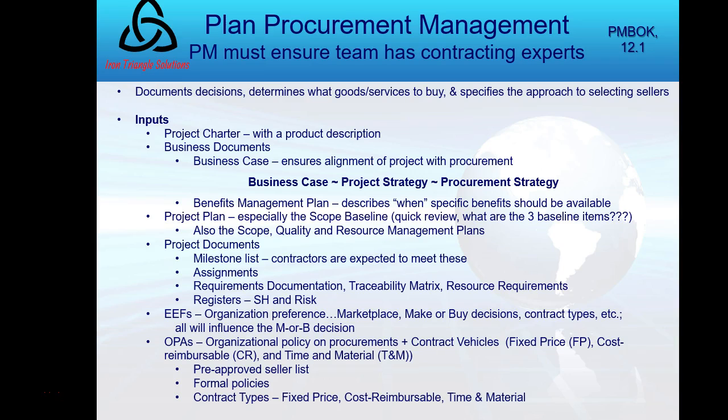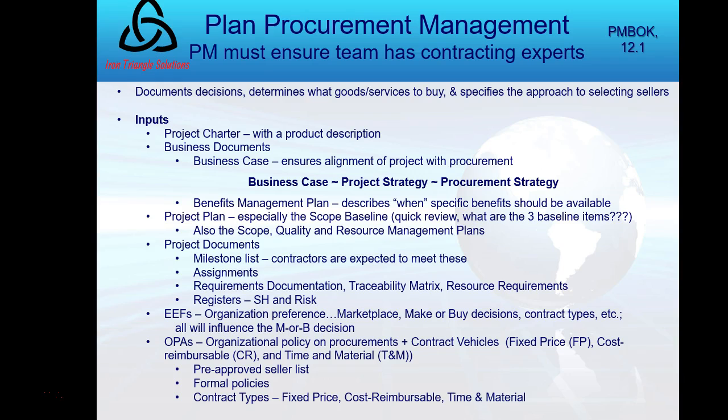That's going to describe when specific project benefits are available. And then I'm going to have the project plan. That's a regular input. In this place, I want scope, quality, resource management, and then the scope baseline. The scope baseline will be used to develop the SOW. We've talked about the SOW many times. It also will be used to develop the TOR, T-O-R. That stands for Terms of Reference.